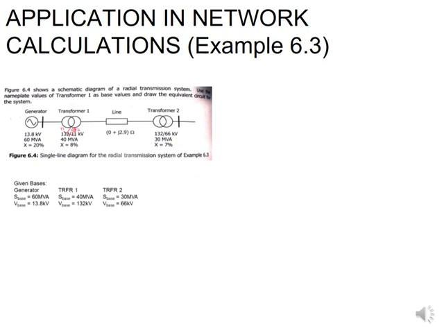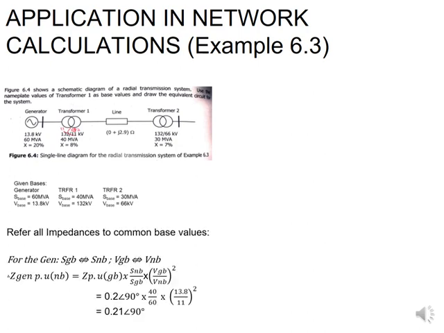So you can see that my given base for my generator, which is a 13.8, is not the same as my new base, which is the 11 kV, because remember, your transformer determines what is your new base for voltage that you're going to utilize. So let's go into referring all our impedances to our common base values.